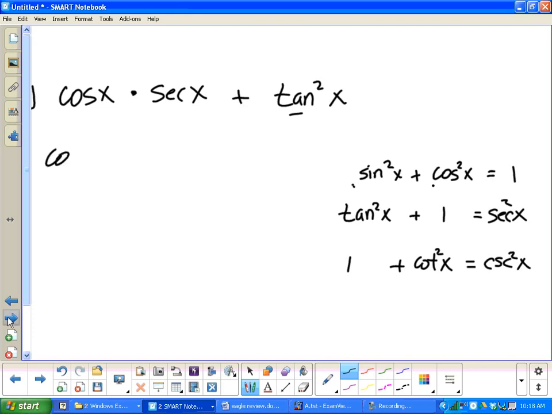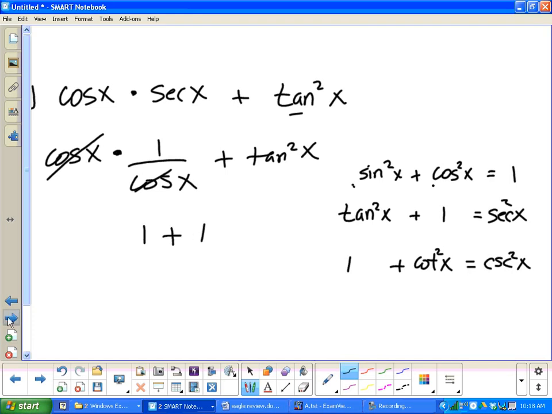Right? So if we change secant to 1 over cosine, there's my 1. There's your 1 right there. Yeah, because you're multiplying. Okay, so they cancel. So 1 plus tangent squared is secant squared.